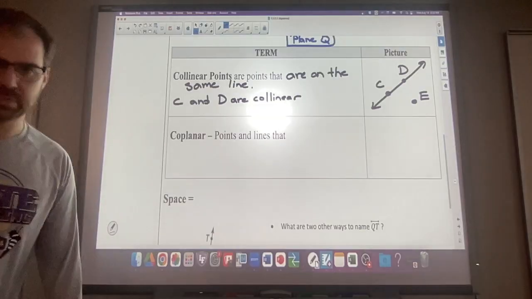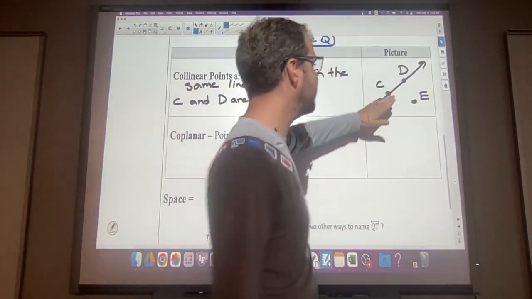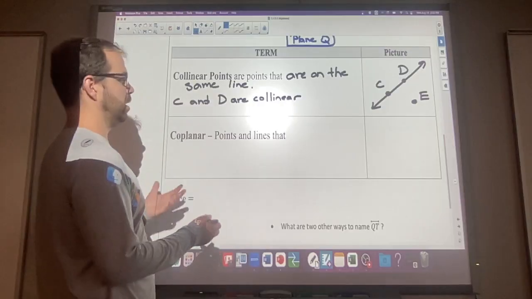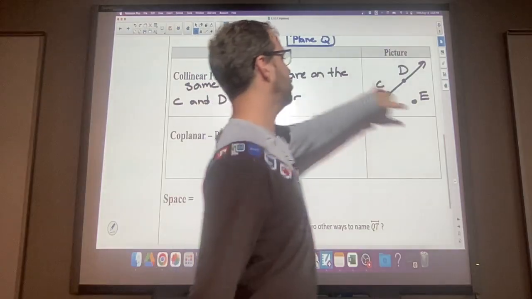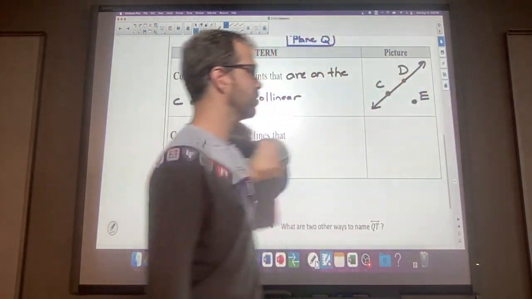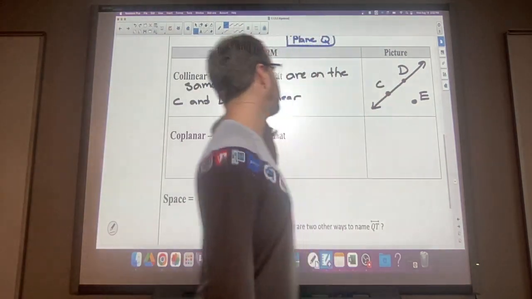Now, we can't say that these 3 points are collinear because you could never draw a line through all 3 of these points. So it has to be 2 points that you could draw a line through. Hypothetically, you could draw a line through CE and say those are collinear, but based on the picture they're looking at here, they're talking about C and D.